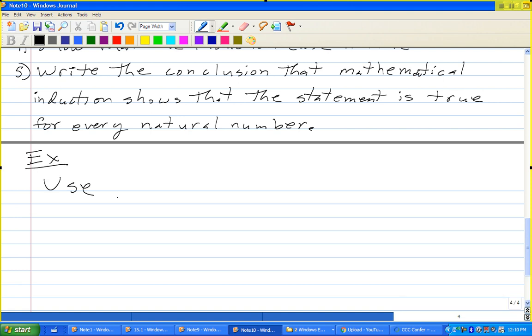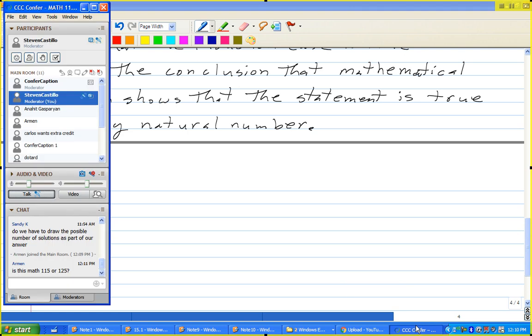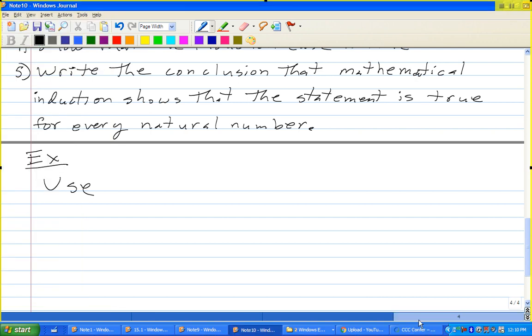This is Math 125. So mathematical induction is Math 125. Yes.